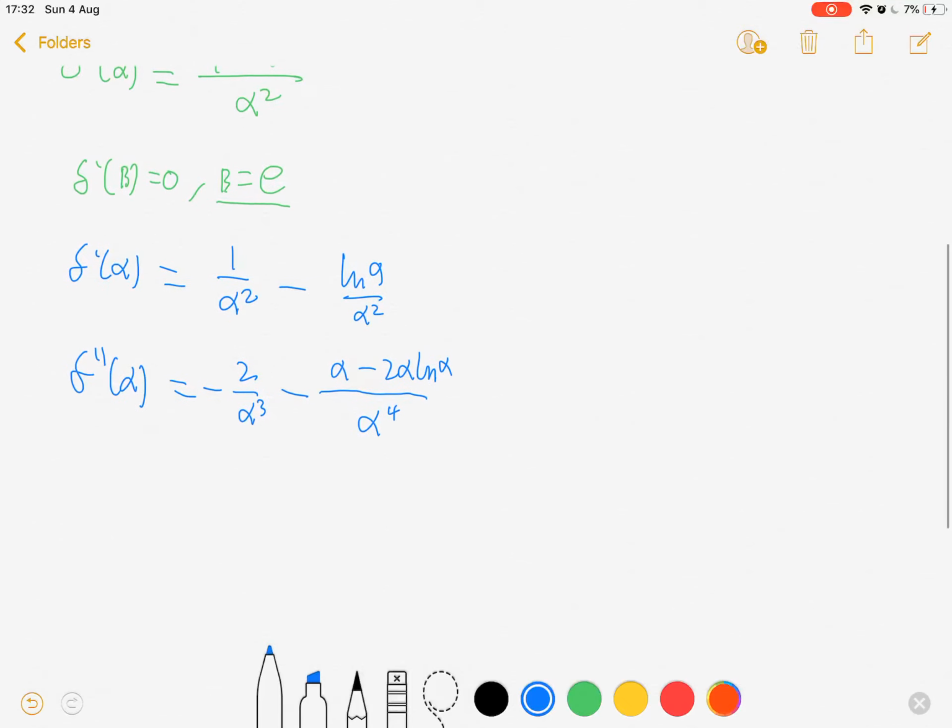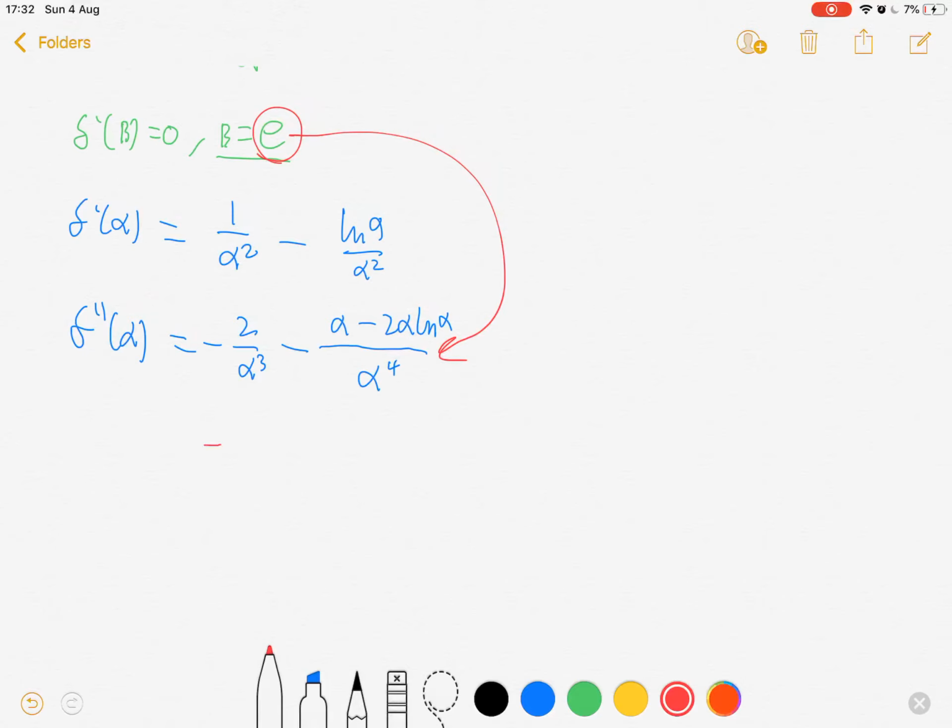And then we would have to plug in the e to here to see whether it is positive or negative. Let's do it. Minus e to the power of 3 and 2 right here, minus e to the power of 4, and then e minus 2e.